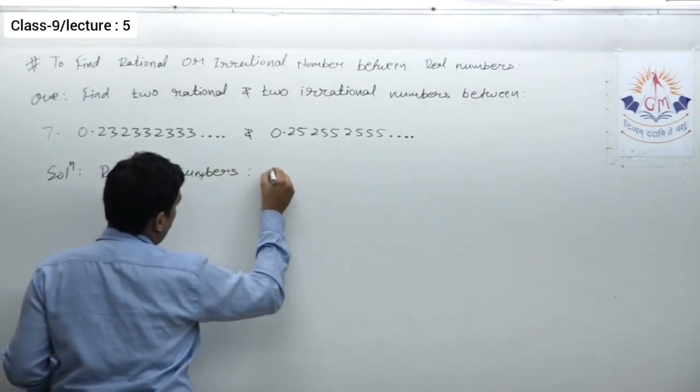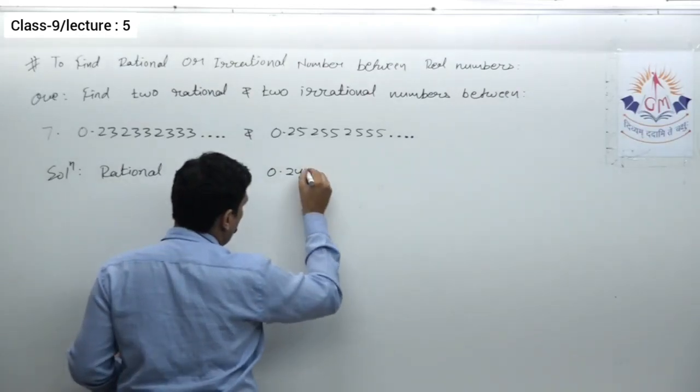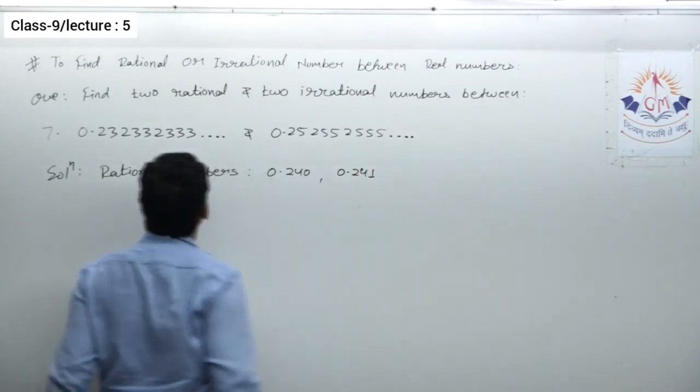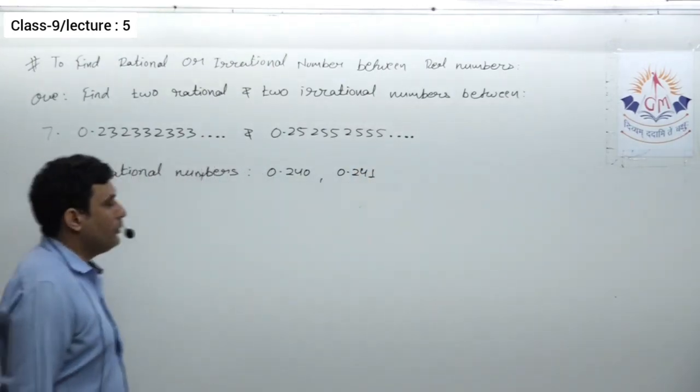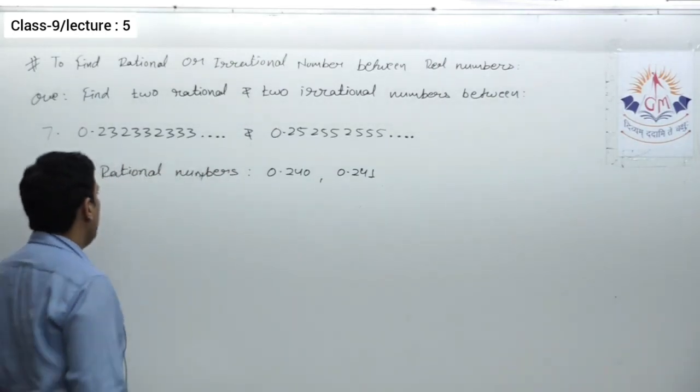I can write simply 0.24, or I can write 0.240 and 0.241. These are the two rational numbers between these two.